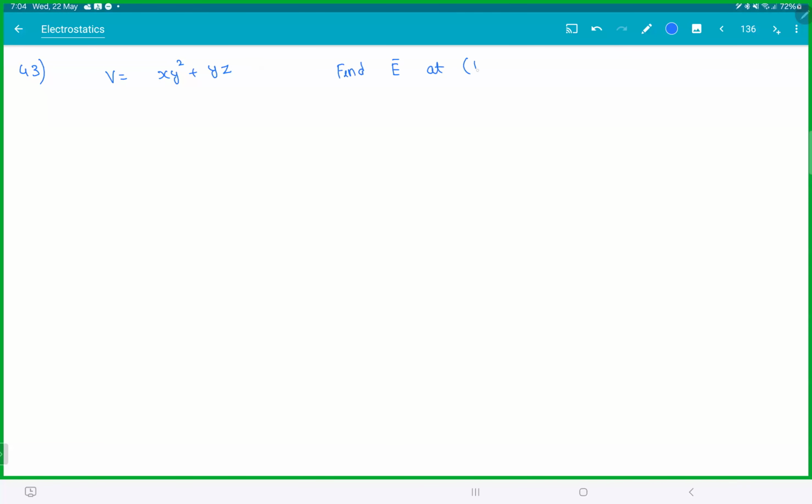Find the electric field at 1, 1, 1. So potential is xy square plus yz.